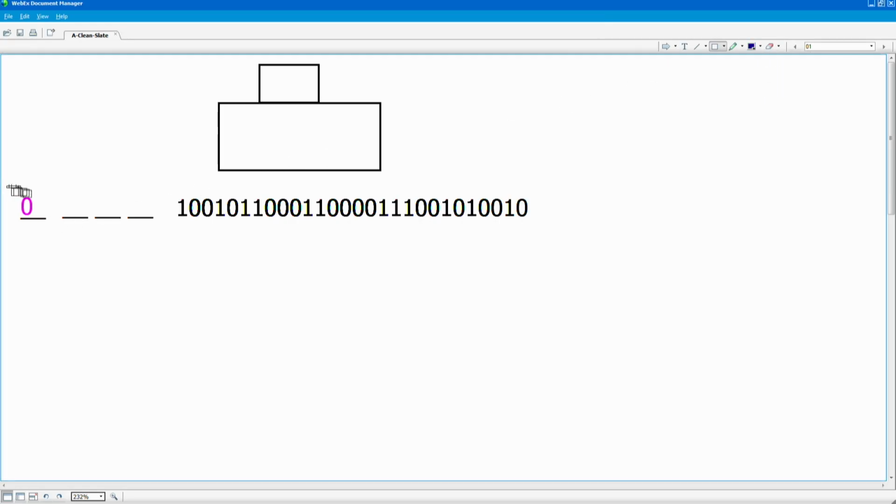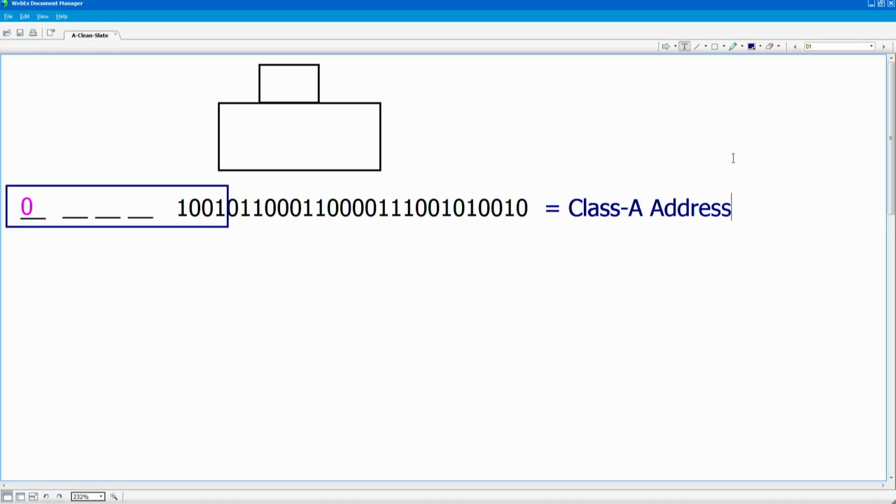If the first bit is a 0, that is a class A address. And in a class A address, just like the old days, the first 8 bits, the first byte only, is used to represent the network. And then all these other bits here is a unique host identifier for this one unique machine on this network.